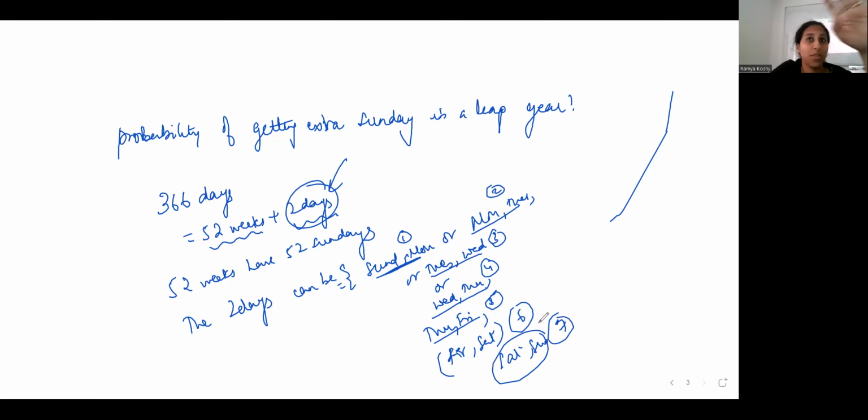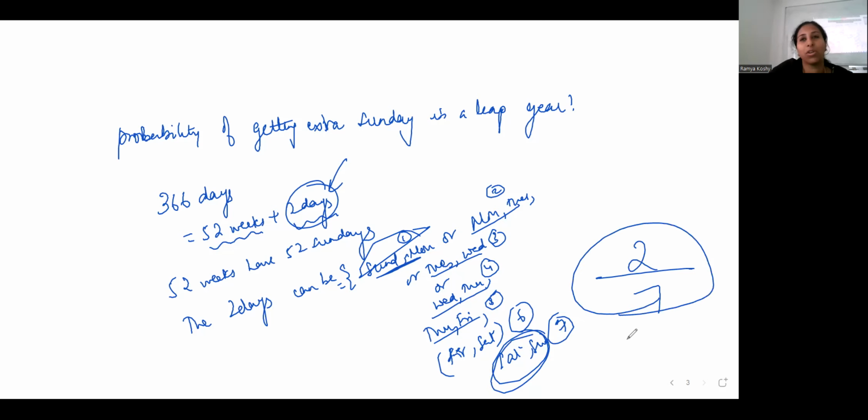So there are 7 possibilities for the extra 2 days. Out of 7, what is the probability that a Sunday is there? 2. Which are the 2 possible options? Sunday, Monday and Saturday, Sunday. So the answer will be 2 out of 7. If it was a normal year, only 1 extra day is there. So that time it will be 1/7.